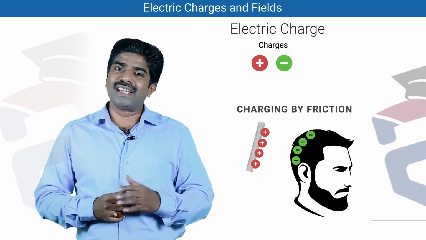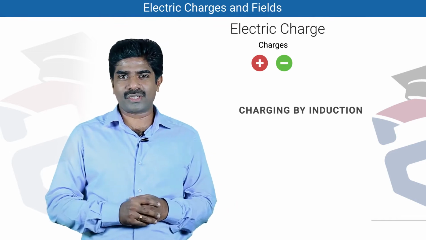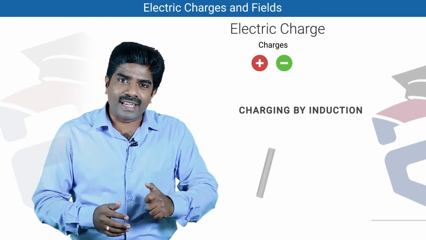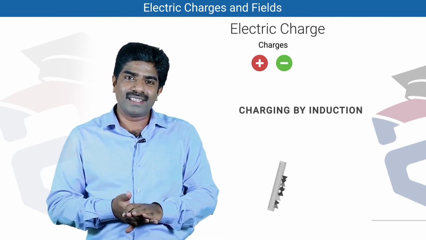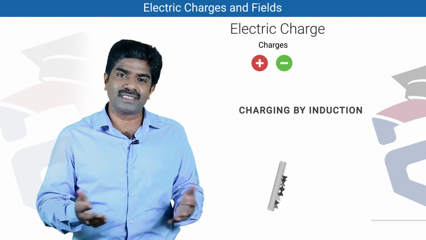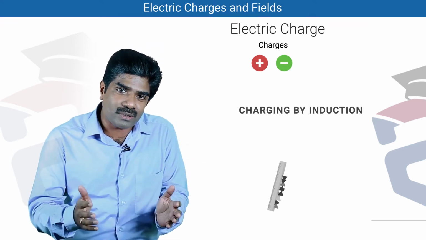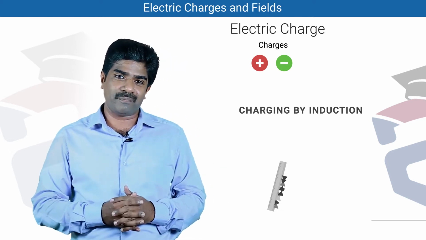Another method of charging is charging by induction. You take the previous case. The charged scale, when placed close to the neutral bits of paper, the paper pieces get attracted to the scale. How does it happen? How is it possible for the neutral body to move towards the charged scale?